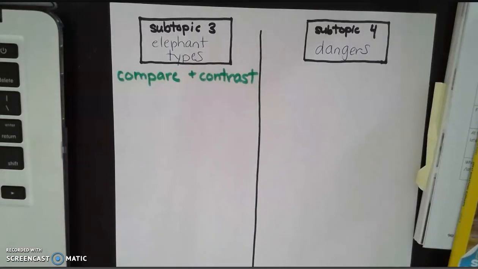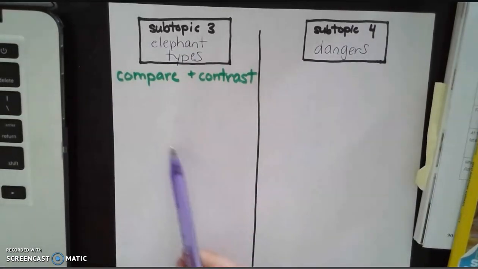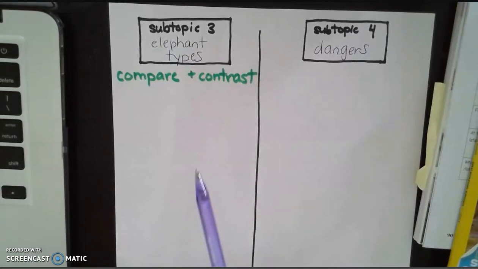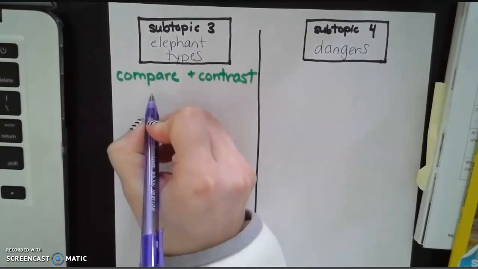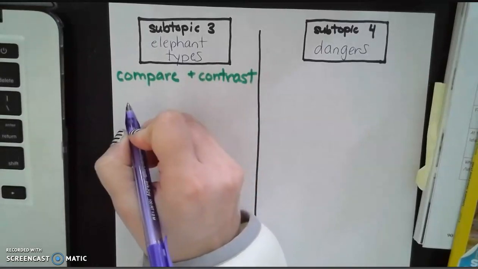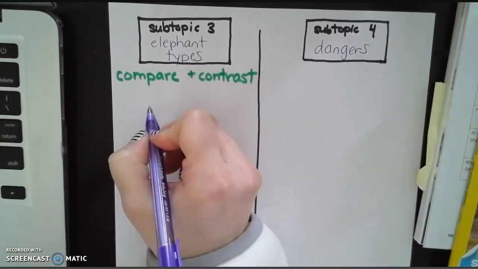So I've got the two types of elephants, Asian elephants and African elephants. So I need to figure out how I want to set up this part of my notes. And I think what I'd like to do is tell how they're alike at the top. So right here, I could write alike, or I could write similarities.